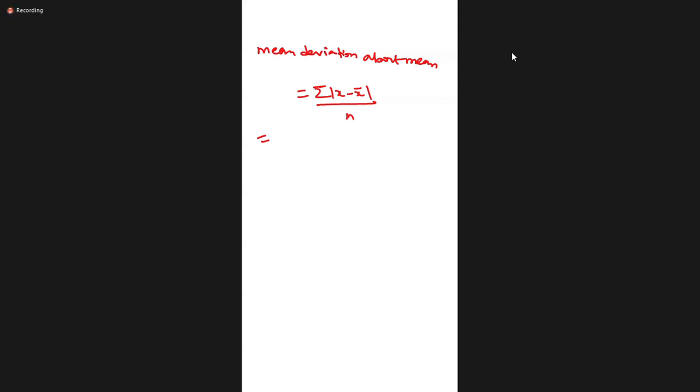The data given is 4, 7, 8, 9 and so on. So we have to find the modulus of x minus x bar. Suppose you take 4, x bar is 10: 4 minus 10, 7 minus 10, 8 minus 10. Like this, every observation minus the mean we have to find. We use modulus to get a positive value.